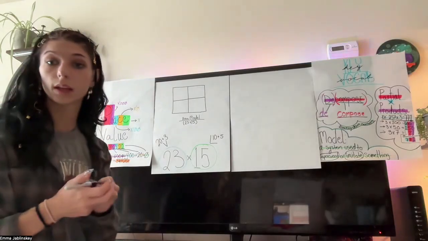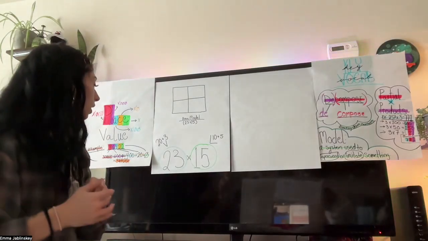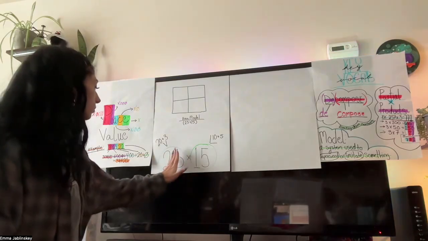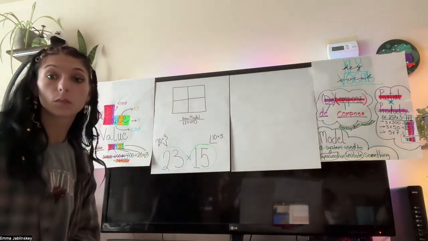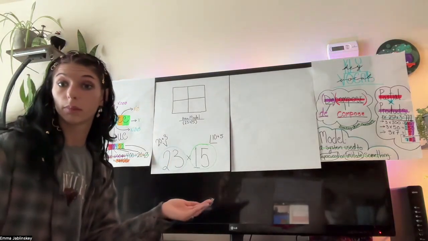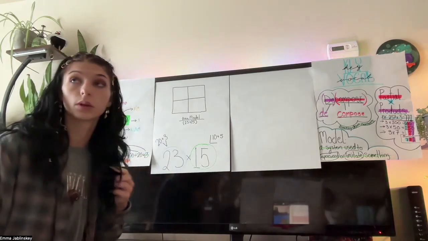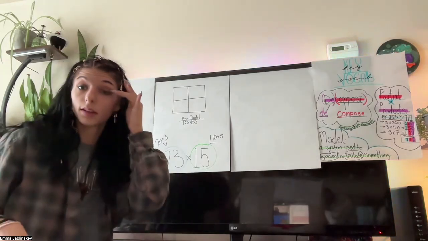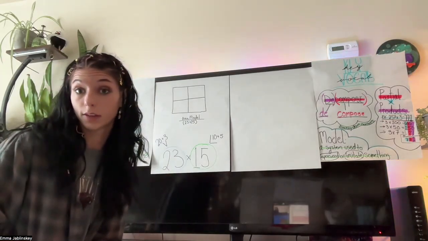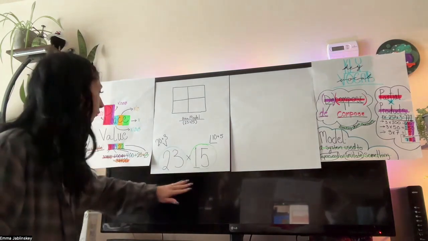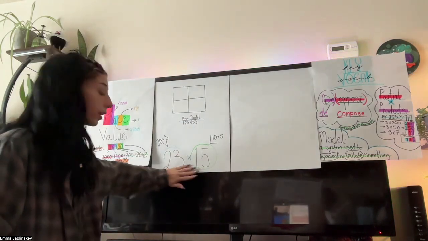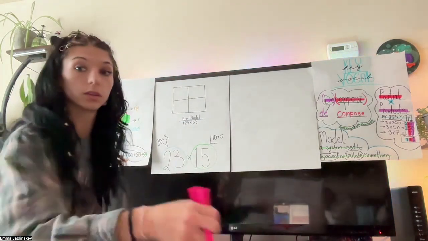Now, another way that you can look at these that might be a little easier for you to think about is, we know that when you break down numbers, when you decompose numbers, you can get the same answer by thinking of it as an addition problem. So if we're trying to find 23 as a number, we'll do this in a different color.